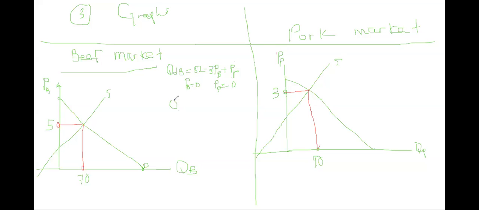So the quantity demanded for beef will be what? 82. So you can have this here as the 82. This 82 is the quantity demanded for beef when both the price of beef and the price of pork are 0. Some people will call this the intercept, or quantity demanded intercept.